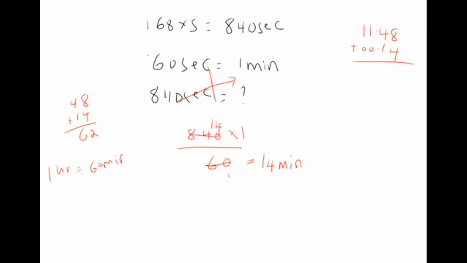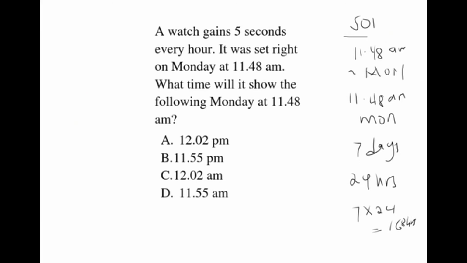We are going to be left with 2 minutes. Then take this 1 hour to this side. We shall have 12, therefore 12:02 p.m. Therefore, our correct choice will be 12:02 p.m., which is A.